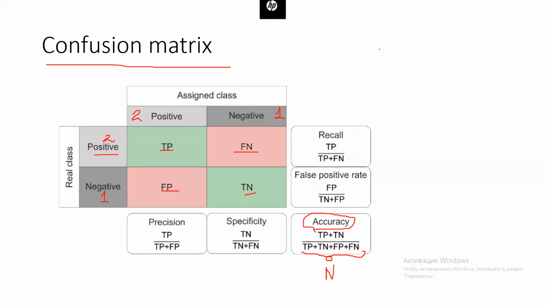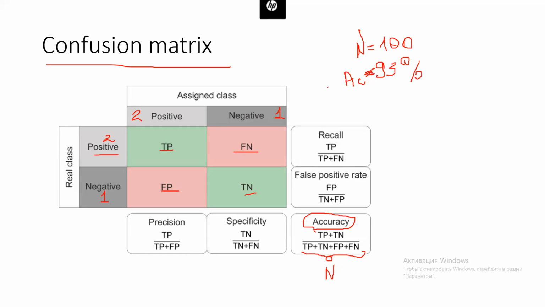So if you have 100 objects, and from all these objects 93 were classified correctly, it means that your accuracy will be equal to 93%, or 0.93.